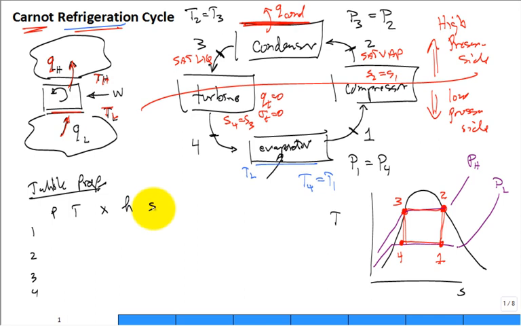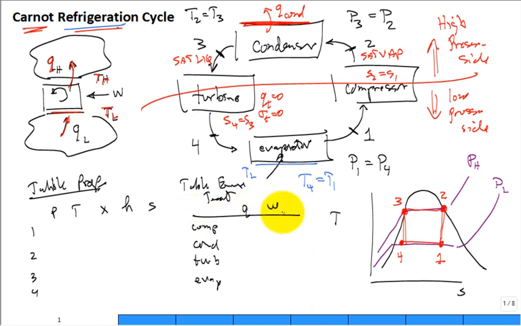And after that, I'd get a table of the energy transfers for each component. I'd talk about the compressor, the condenser, the turbine, the evaporator, and what is the Q in kilojoules per kilogram and what's the specific work for each of those.